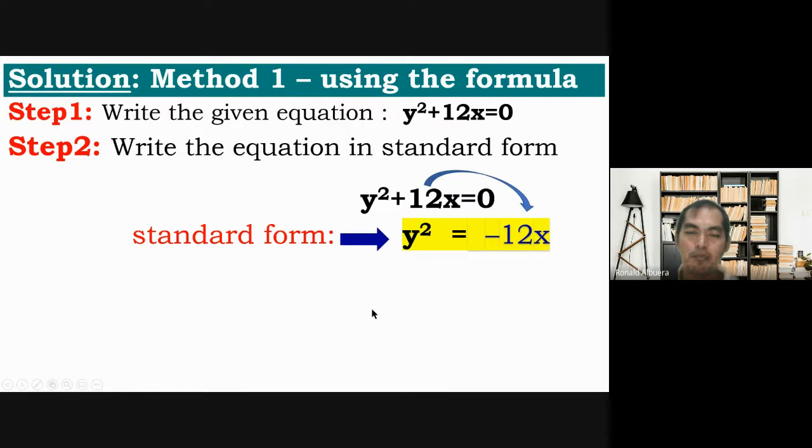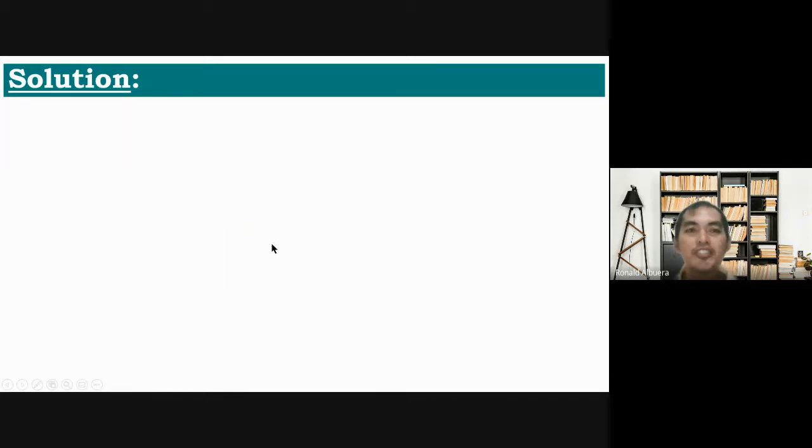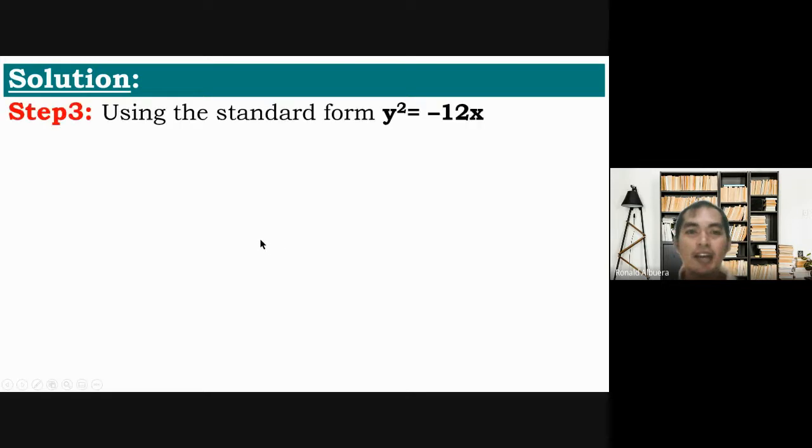And the length of the LR is whatever the coefficient on the right side is. That's already the length of the LR. You disregard the sign because when you say length, it's an absolute value. Now, this is our method using the formula. So what you will do is just substitute the values based on the table. Take note, we first solve for the value of p.